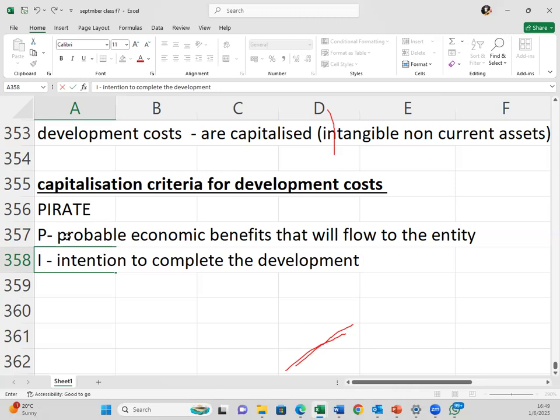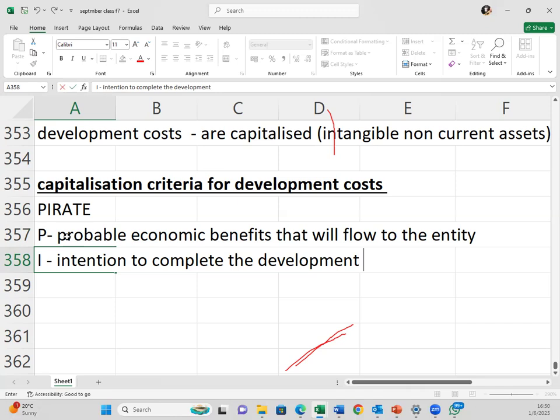We capitalize the development cost provided we intend to finish the development. If we have no intention to finish, then let's expense it.